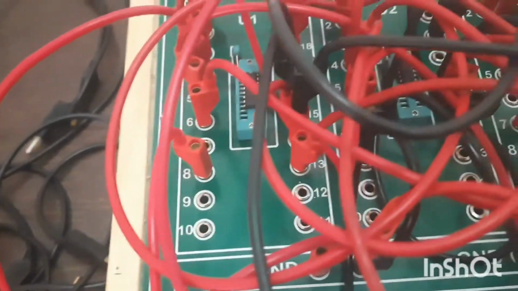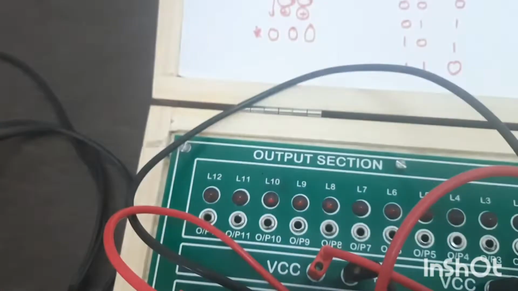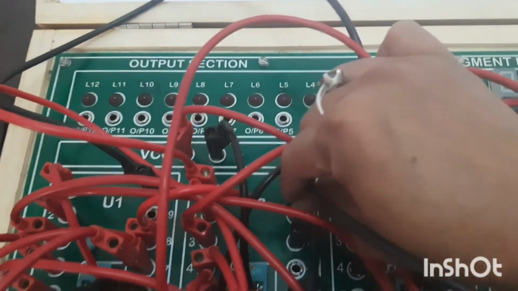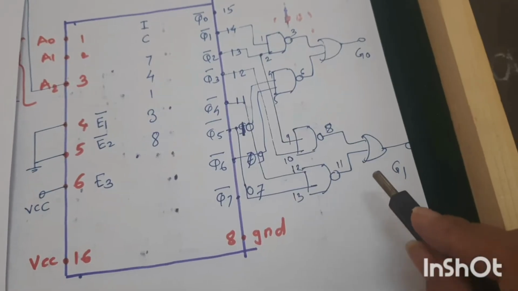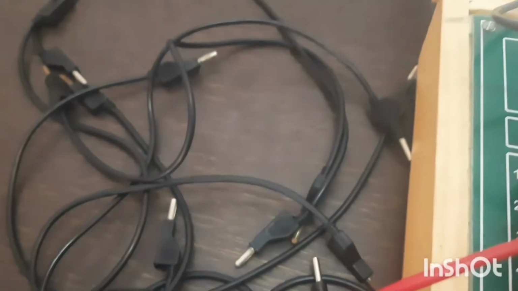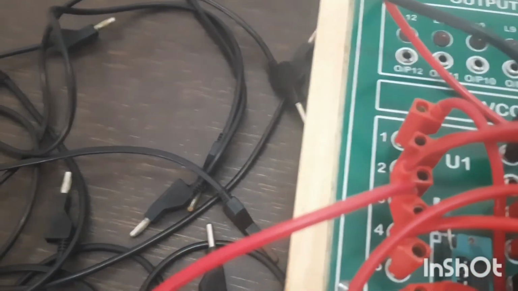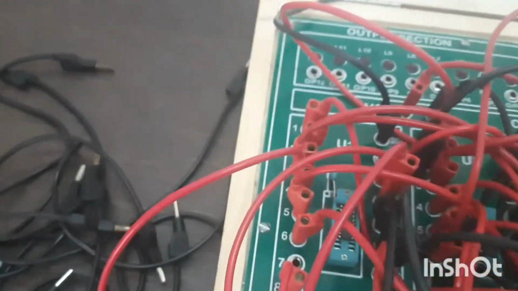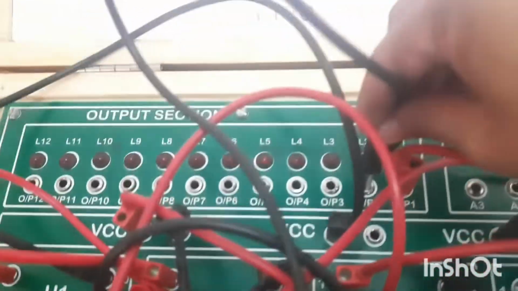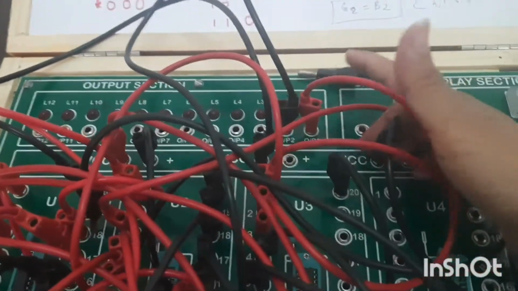Pin number 10 is connected to pin number 13. The output of this NAND gate, pin number 11, is connected to pin number 5, and output 6 is your G1, connected to the output section. So this is my G0, G1.